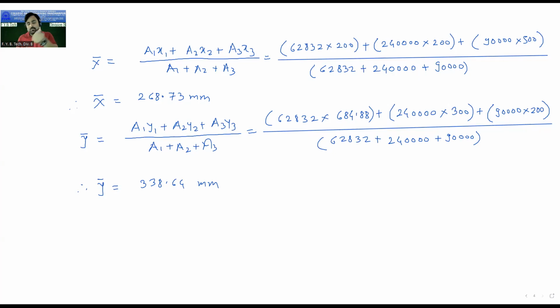In the next lecture we will study moment of inertia, and at home please see this once again. What are the formulas for the CG? Because when you learn the formulas for CG and the moment of inertia also, then you may get confused. So prepare well for this centroid.